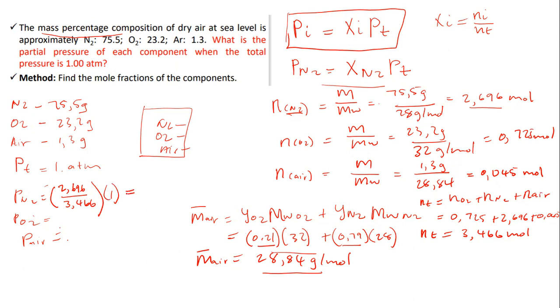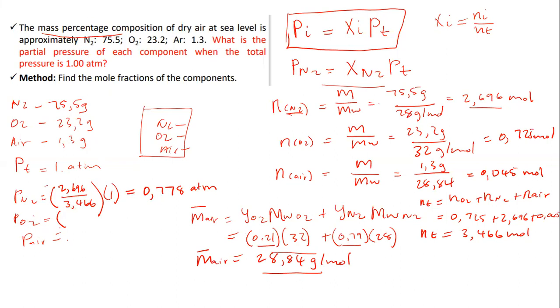You punch this on your calculator: 2.696 divided by 3.466, which is equal to 0.778 atm.